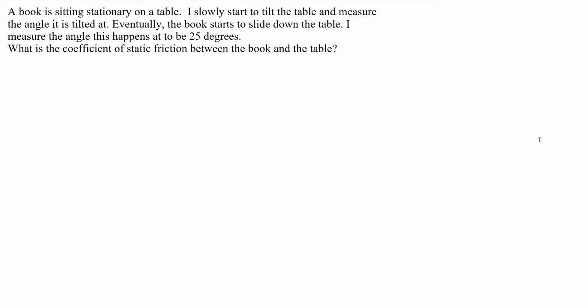So I'm going to go through here and remind us of the problem solving strategy that Knight describes. The first thing in that strategy is to identify the forces. Whenever we're doing dynamics problems and we want to work out what the forces are, the way we do that typically is draw a picture of the situation.